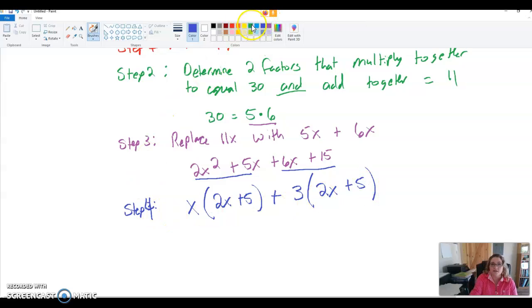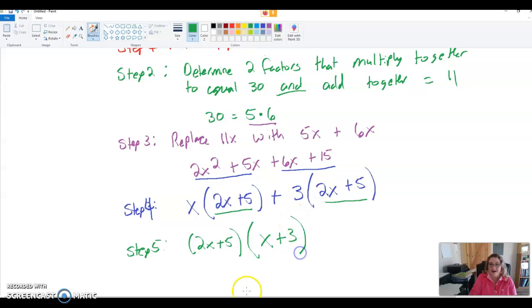Now I'm going to notice that I have a binomial in common with both of these. So my step 5 will be to factor out this binomial. So I'm going to pull my 2x plus 5 to the outside and multiply it by x plus 3. I have now successfully factored this trinomial.